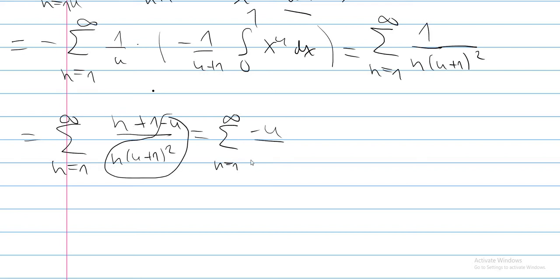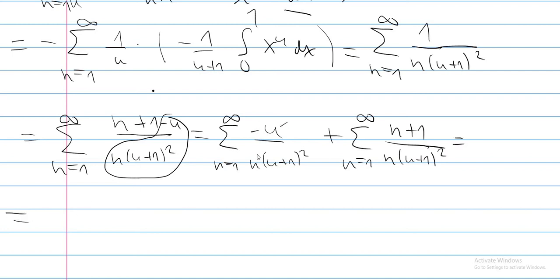So we will have minus n over n times n plus 1 squared plus a sum going from n equals 1 to infinity of n plus 1 over n plus 1 squared. What happens here? These two will cancel each other out, and so we will have a sum going from 1 to infinity of minus 1 over n plus 1 squared.